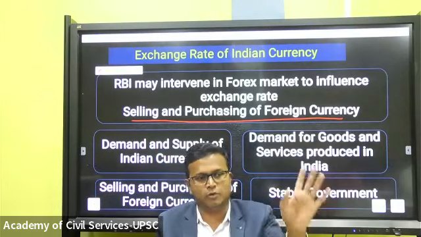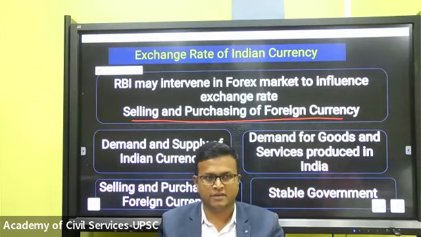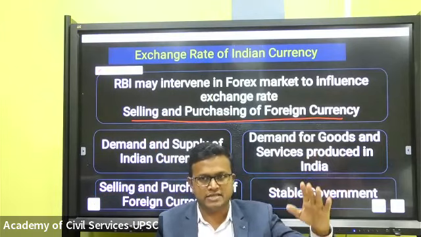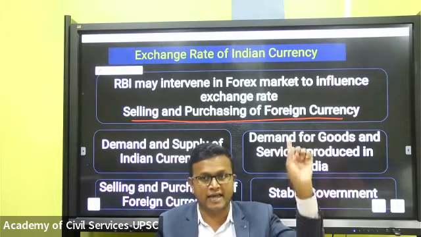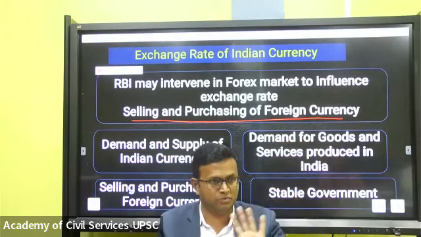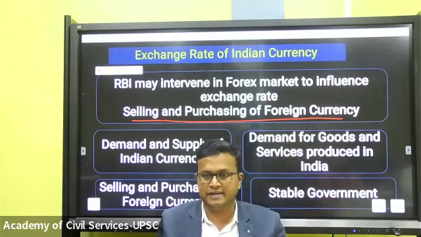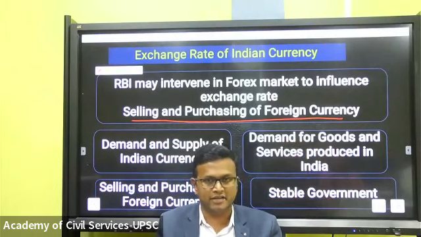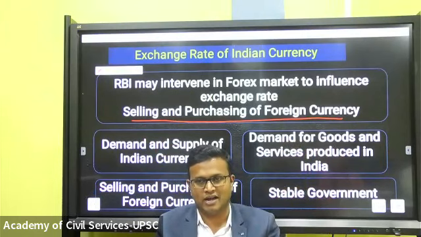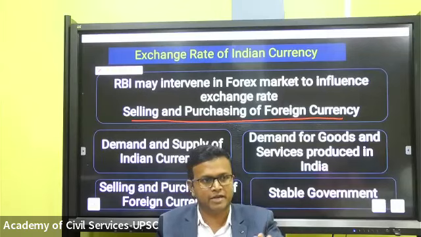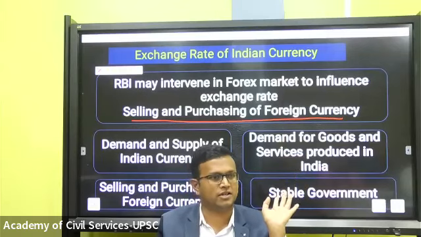Imagine she is an importer. One container of goods is coming for her. For that container, she has to pay the exporter in the US. The deal is that by the moment the container reaches a port in Gujarat, she must pay the money to the exporter in the US.